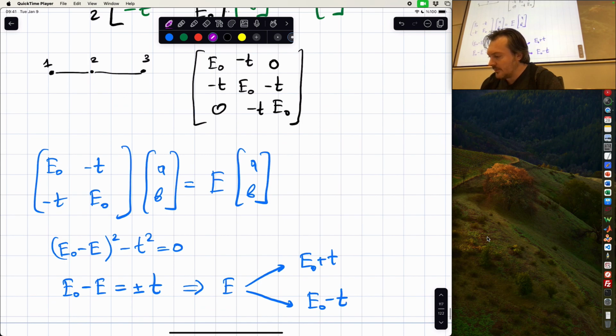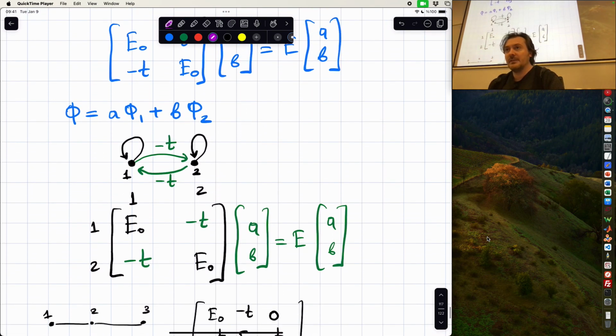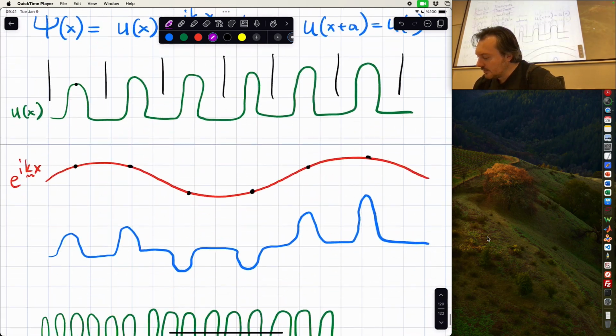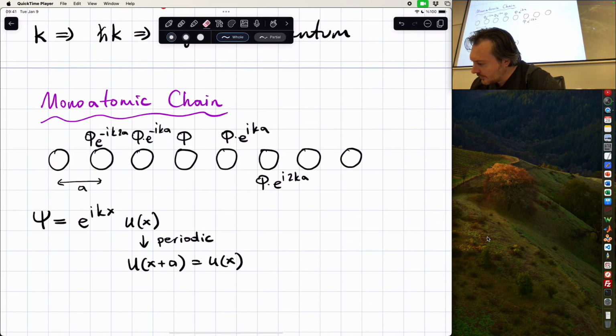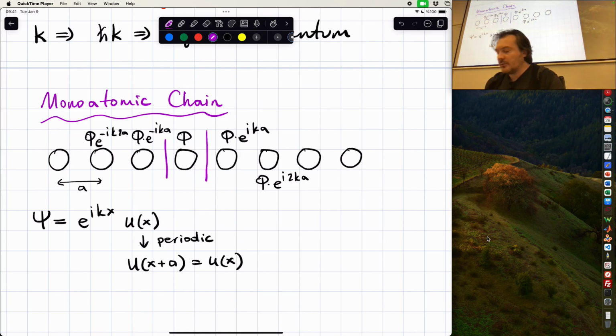We got this matrix from 2 by 2. Do you remember this? Yes? So two atoms, 2 by 2 matrix. But here, we actually have one atom. That's why I called it a monoatomic chain. It's just one atom that keeps repeating.